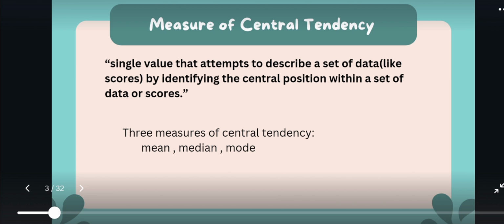It can be called measures of central location. Some individuals know this as measures of central location. If we say central location or central tendency, it refers to the center of distribution of observations.